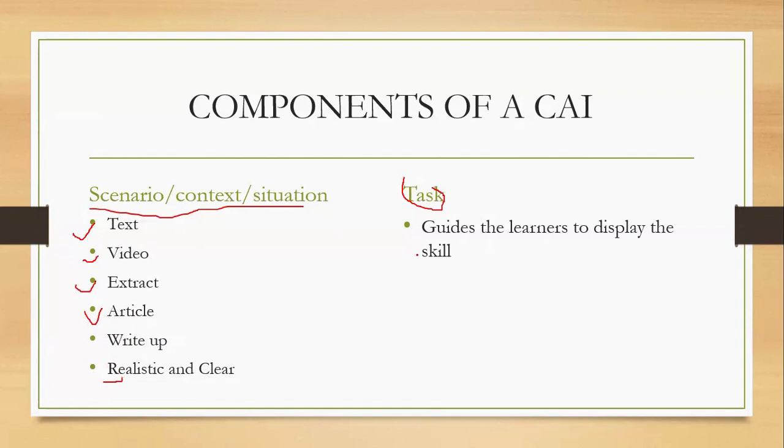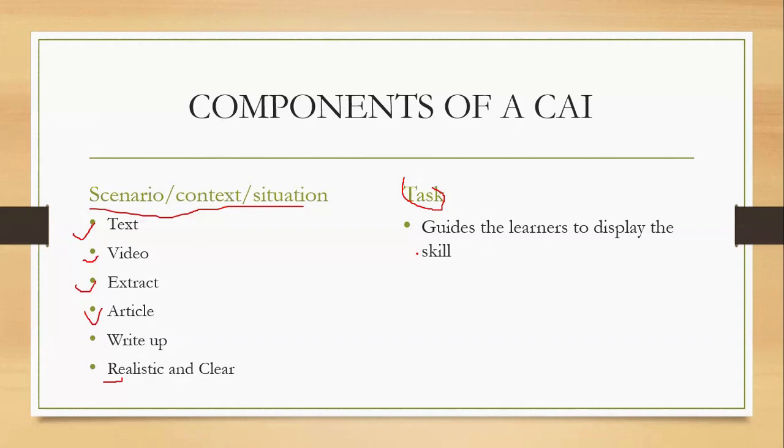Then the second component is what we call a task. A task will display the required skill. Remember, all the CAIs that we are developing, there is a certain skill we want the child to attain at the end of the day. It can be a communication skill, it can be creativity, it can be innovation, it can be mathematical, it can be research skills.